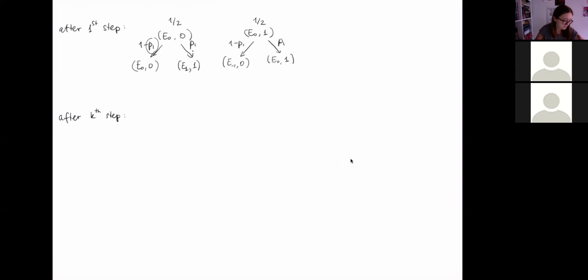Suppose that after the k-th step, we arrive to some probability distribution over energies. So we have the energies ranging from E minus n0 to En, and the probabilities at the k-th step. So the probability, for example, to find the qubit in a state 0 at the energy minus n would be qk minus n 0, qk 0 0, and so on.